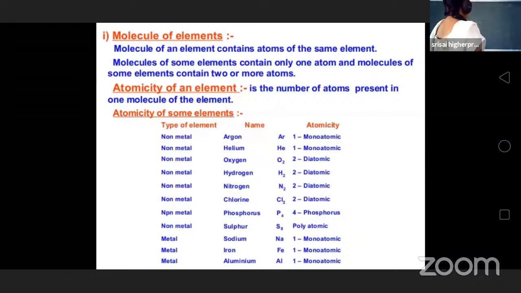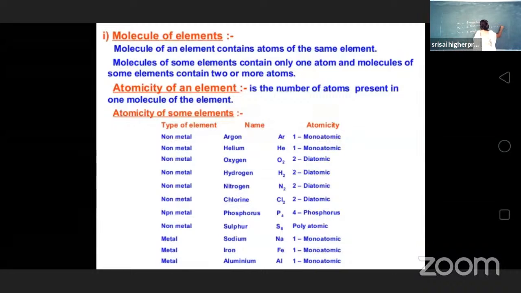How do we find the atoms in molecules? For example, H2O has two hydrogen and one oxygen.